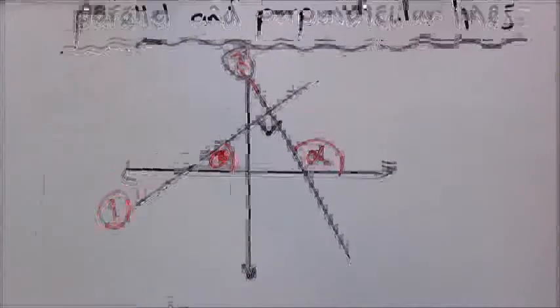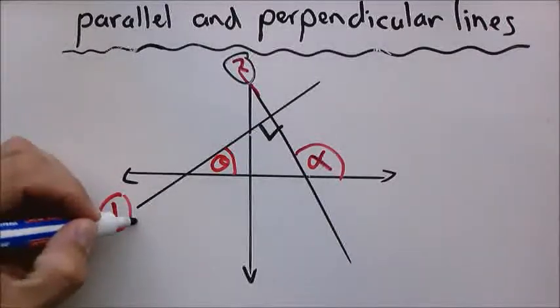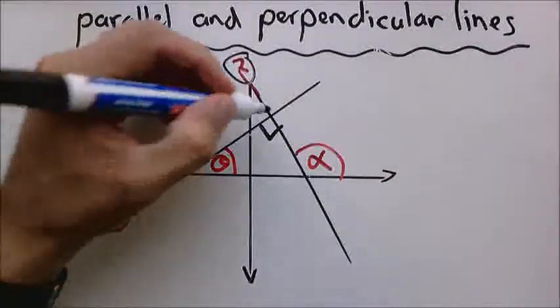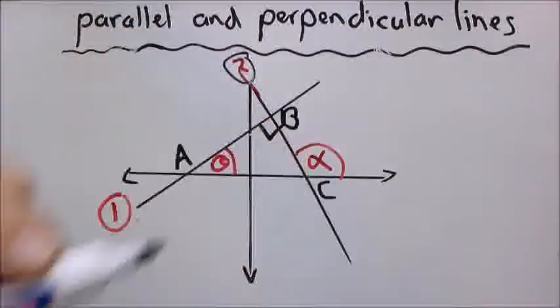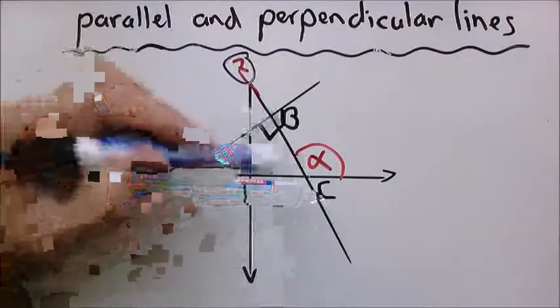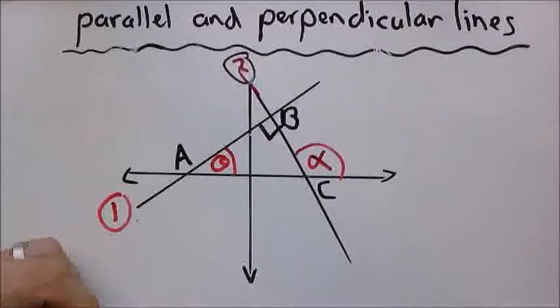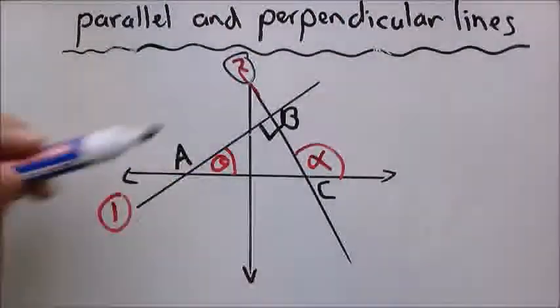Okay, so for instance, let's rather call this line, let's say A, B, C. Let's just call those coordinates A, B, C. And they give you in the question that AB is perpendicular to BC, and you have the gradient of AB, line number 1, and you need to calculate the gradient of line number 2, BC.